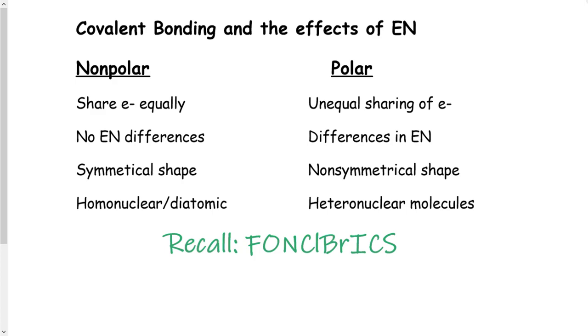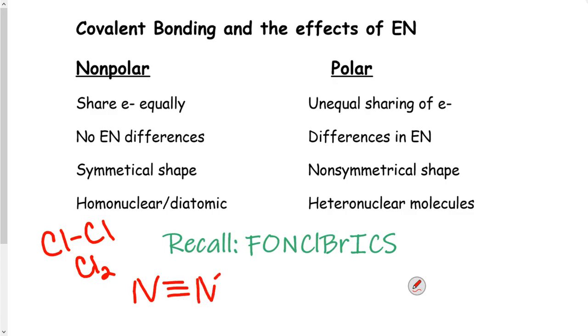In other words, you will have a homonuclear diatomic type molecule. So this will occur whenever we are looking at scenarios such as 2 chlorines bonded together. Okay, so Cl2 would be homonuclear diatomic. We could look at 2 nitrogens bonded together, which would be triple bonded, as we will see, N2.